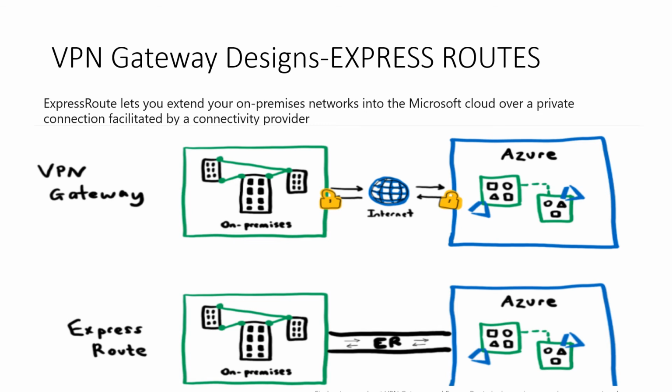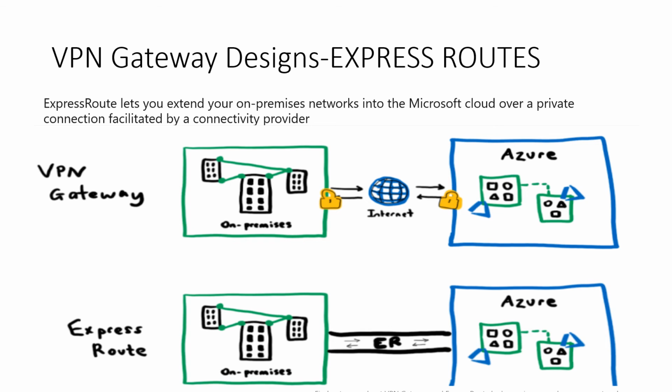VPN gateway traffic is encrypted, but it traverses an unsecure network, which is the internet. Though it is encrypted and nobody will be able to see the content of the traffic you are communicating between your sites like on-prem and Azure, VPN gateway also has a speed limit like 10 Gbps.